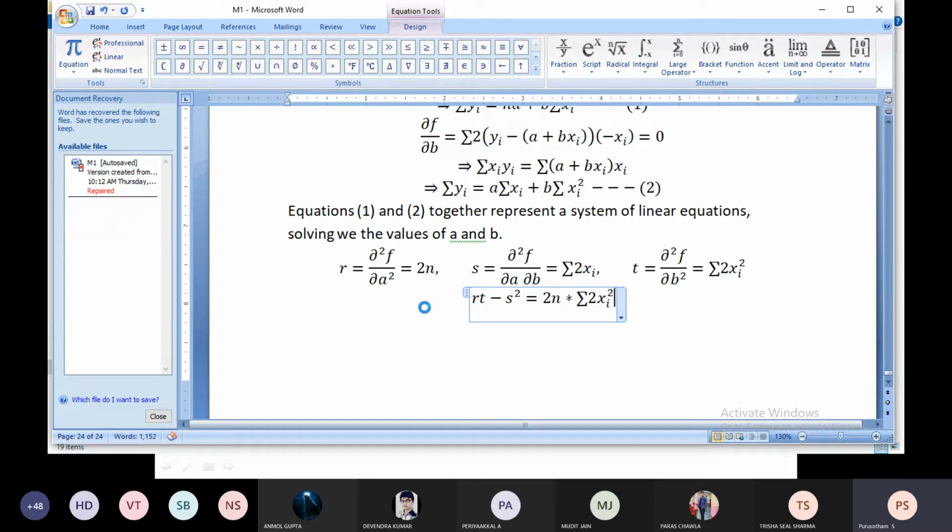N is positive, 2 is positive. N, the number of data points, is always positive, right? And now RT minus S square is supposed to be greater than 0 and R is greater than 0. By chance, what can we say? F of a, b attains minima or maxima?